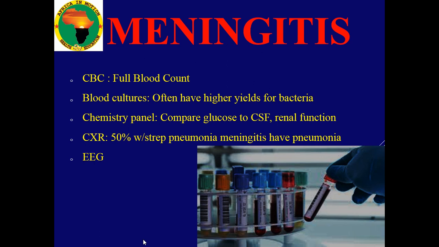You need to do chemistry, examine the renal function, and do a full examination. You also need to do a chest X-ray, because different studies have identified that in 50% of meningitis cases with streptococcal pneumonia, the patient will also have a chest infection, pneumonia.